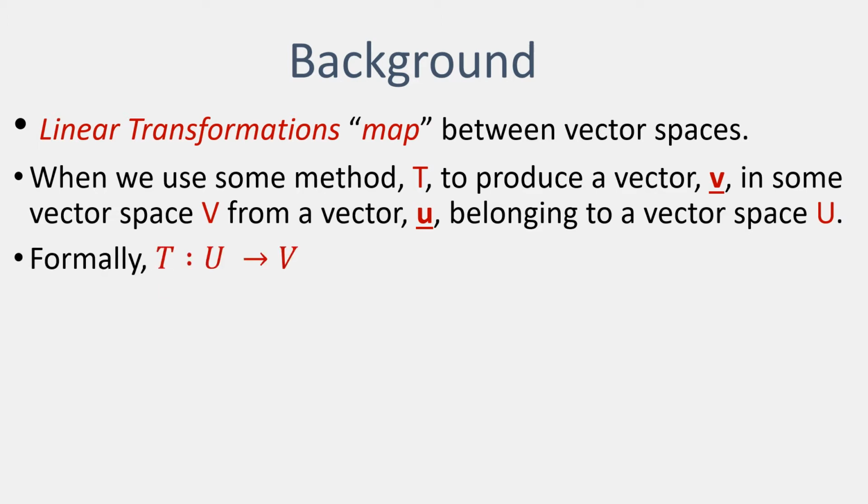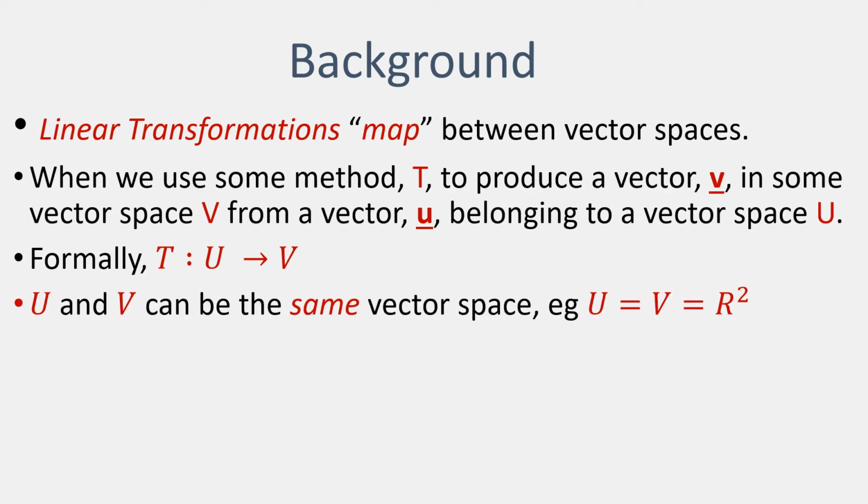Formally, the way we denote this operation, it's a transformation T which takes a vector in a vector space U and produces a vector in a vector space V.